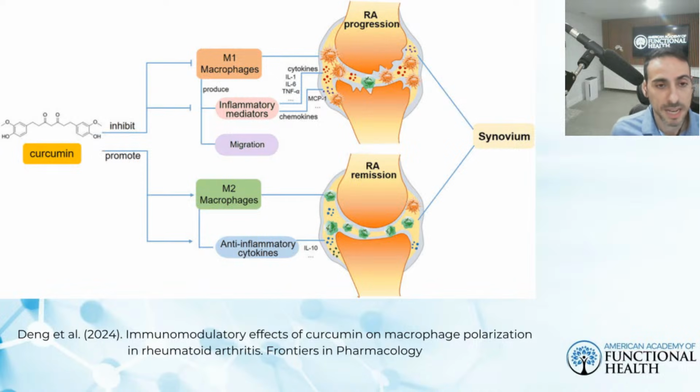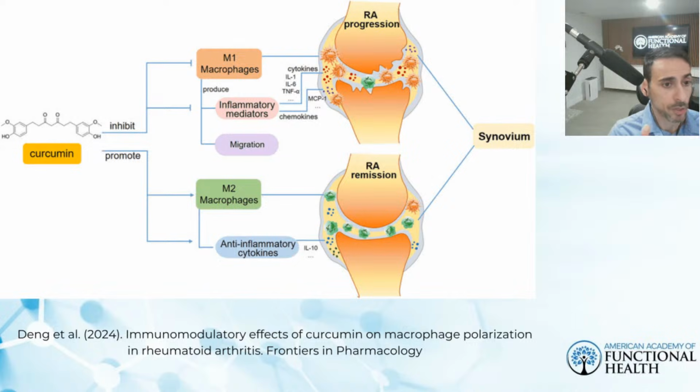And then on the bottom, you can see what curcumin promotes, which is anti-inflammatory cytokines such as interleukin-10 or Tregs. And so this is really important because curcumin is one thing I can do to start helping the patient shift from pro-inflammatory to anti-inflammatory, right?